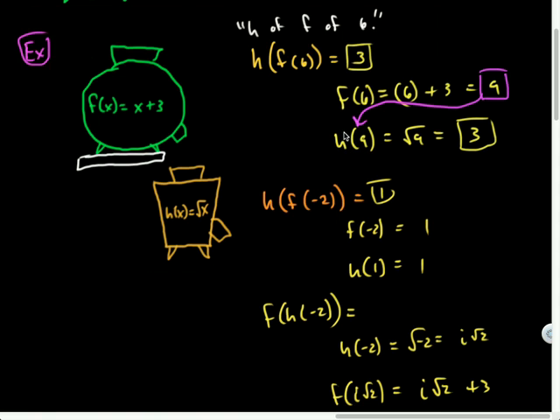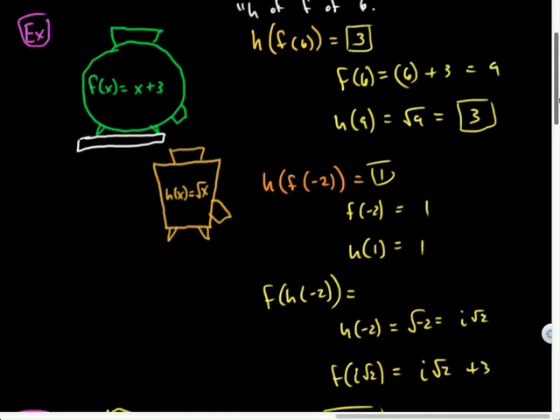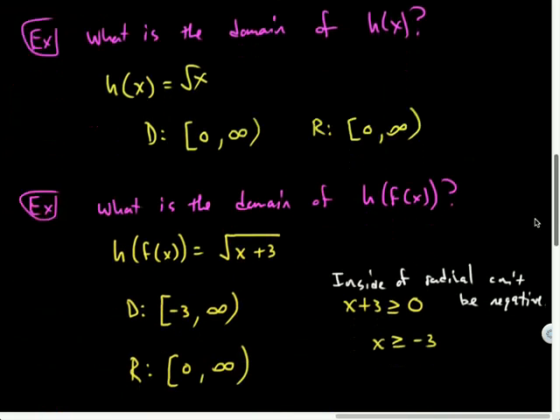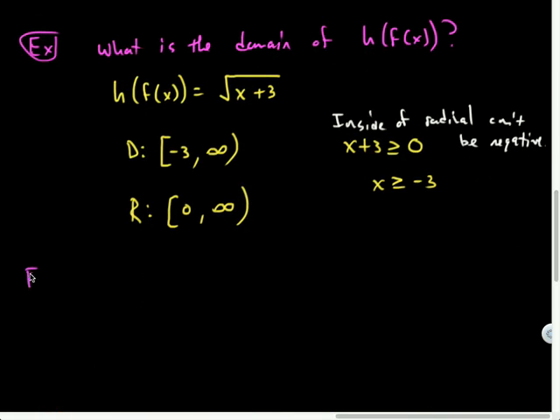Once I've crammed my machines together, I can actually calculate h of f of 6 rather easily. I could just use my h of f of x machine to do that for me.